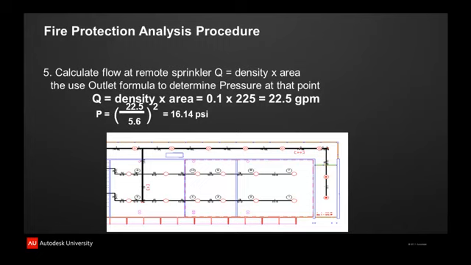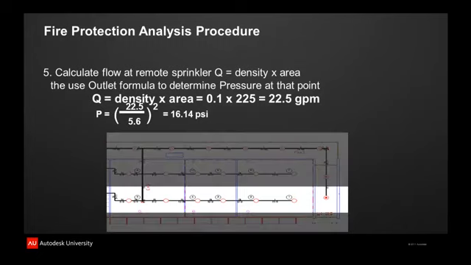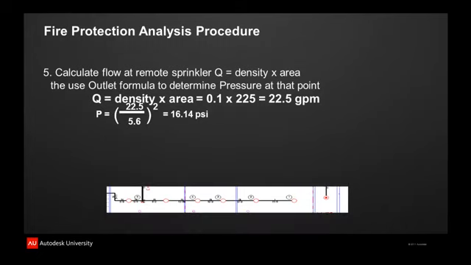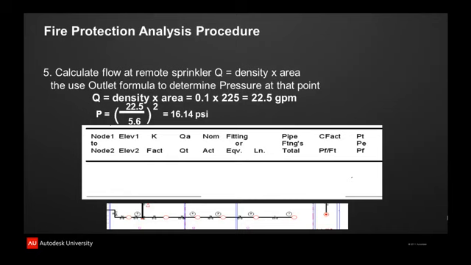Next thing we're going to do is transfer some of that information to some actual calculation sheets. Here's one of those calculation sheets as prescribed in NFPA 13. And we're going to record, or annotate, that first starting point as reference point 1. We're going to record the flow added at reference point 1 of 22.5.